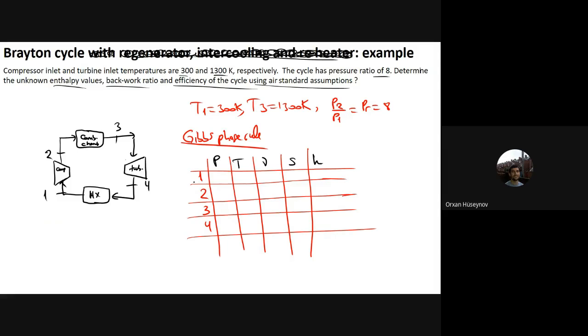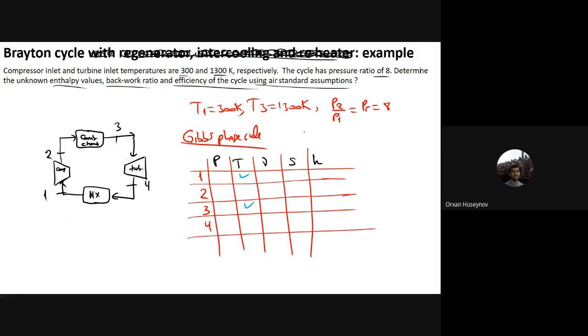For state 1, the first state, the temperature is given, which is 300 Kelvin. For state 3, the temperature T3 is given, which is 1300 Kelvin, and P2 by P1 is given, which is 8.